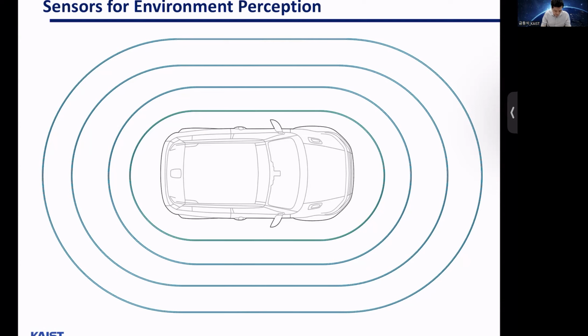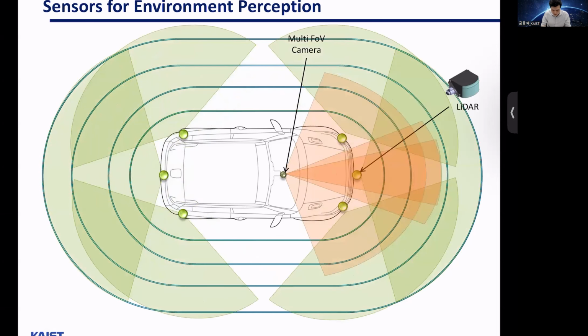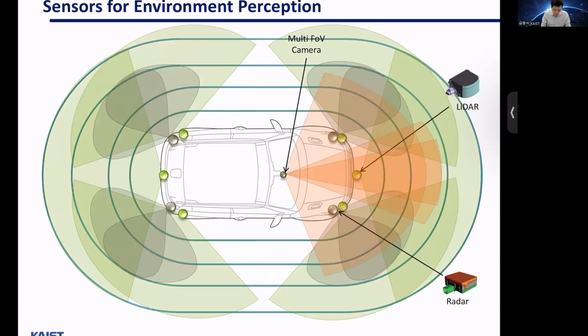So we have sensors for environment perception. We have camera, forward-facing camera. We have LiDAR. We have radar. Depending on the type of vehicle, your target platform, the sensor configuration can change.